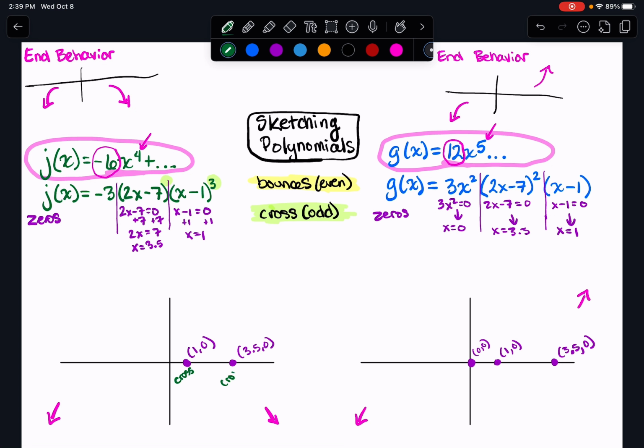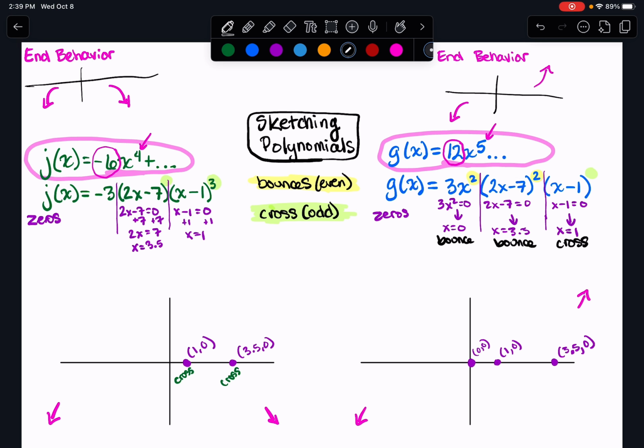I'm going to cross the x-axis at all of my zeros. Versus g of x, I have an even multiplicity twice. So that means I'm going to have a bounce here. I'm going to have a bounce here. And then since this one is an odd multiplicity, I will have a cross.